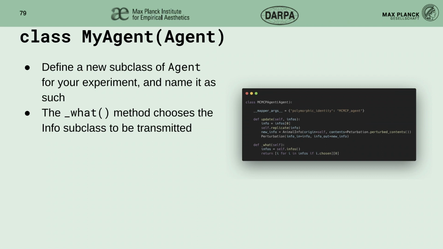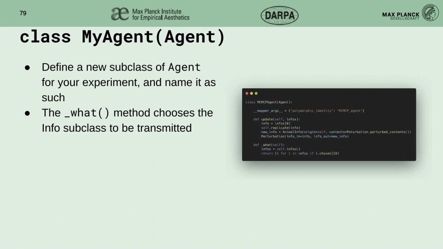It's created by self, which is this agent, origin, and the contents are the result of that method on the transformation. And it creates a transformation from that input info to the new one. So this line is what creates the new info, and then this line is what creates the transformation that links the two of them together.